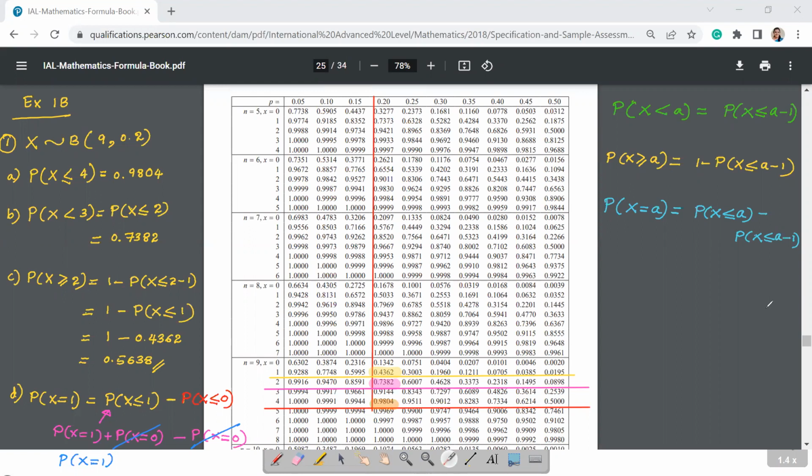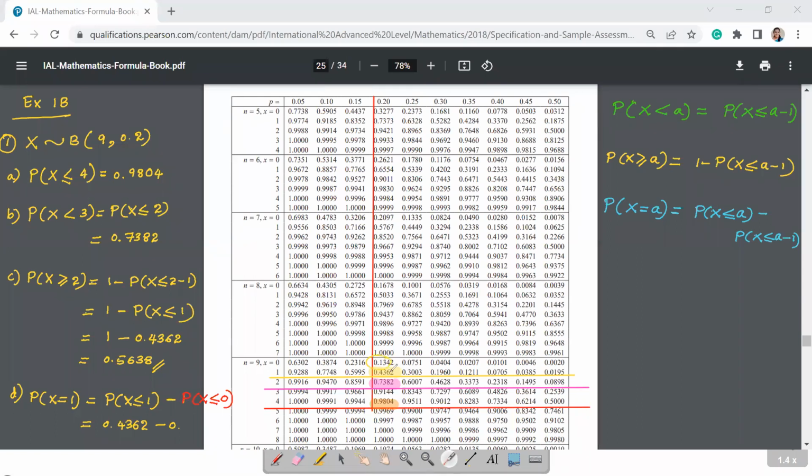Okay, so let's use that value over here, probability x equal 1. So let's use it. I'll erase this part. So what do we get here? Probability x equal 1 is 0.4362 minus x is less than or equal to 0.